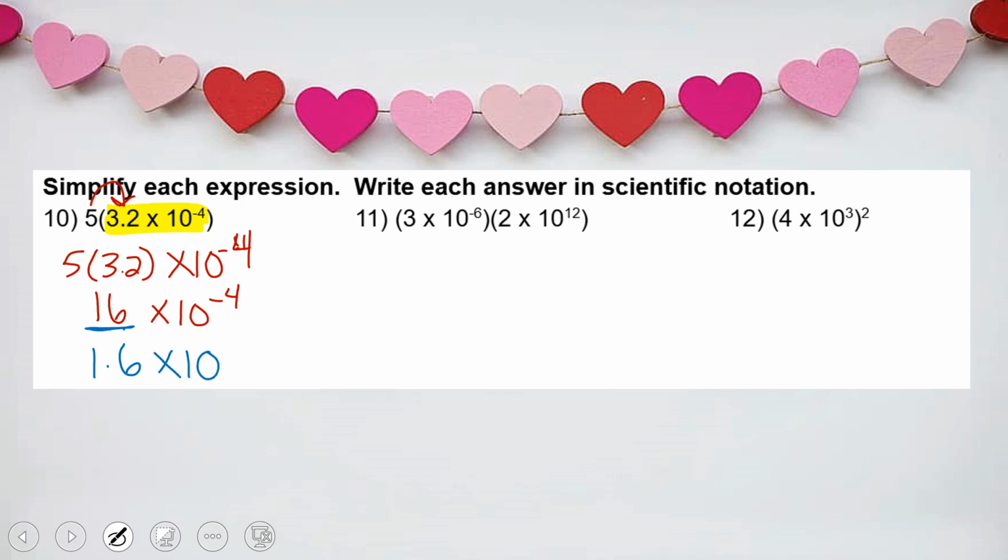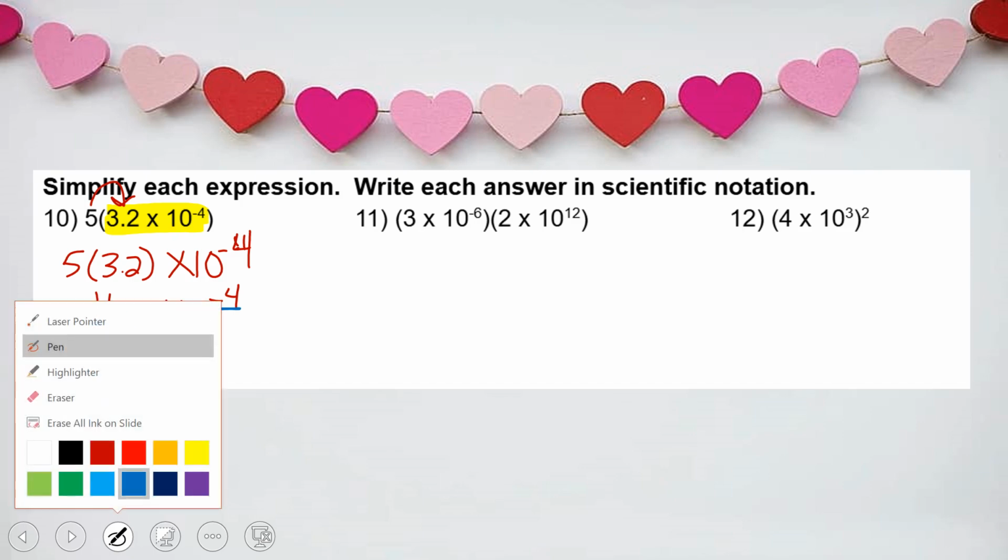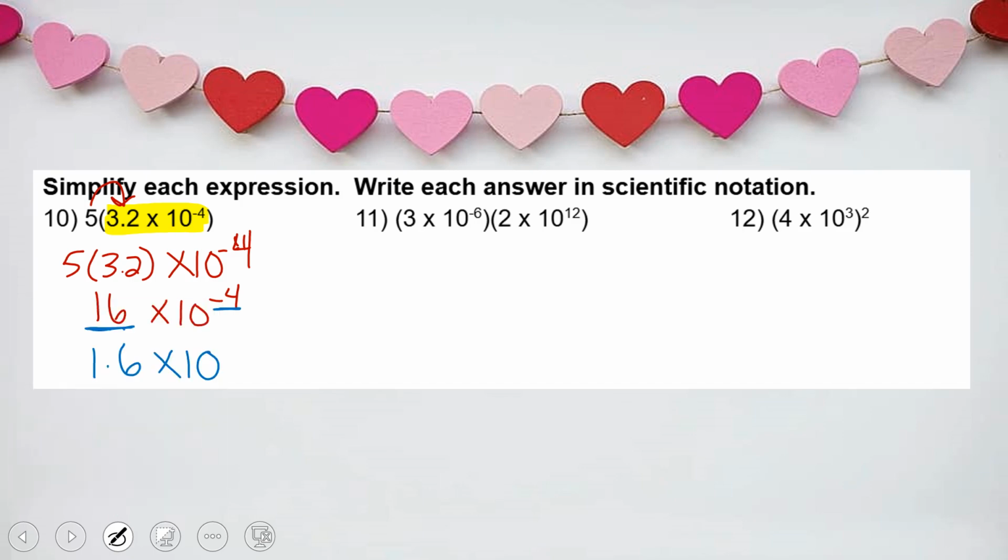But if I move the decimal, that is going to affect the exponent. And the best way that I know to think about this is if I think about that first answer, it was a 16 with a decimal right here. But it's times 10 to the negative fourth power, so I would move left 4 spaces, and that's 0.0016.